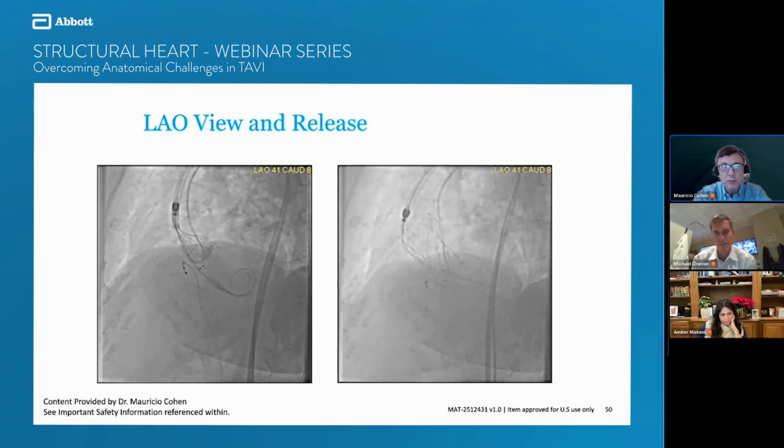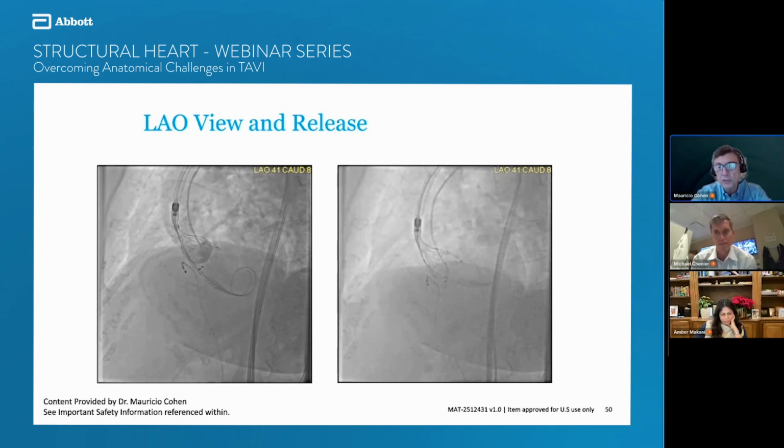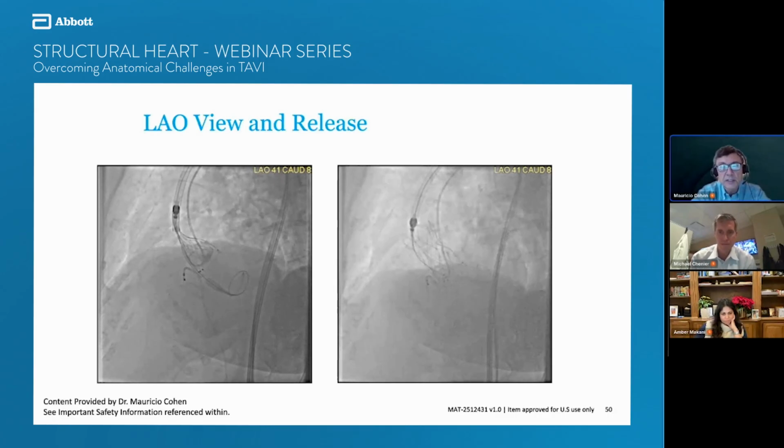Sometimes it jumps forward, sometimes it jumps a little bit upwards, and then if it goes almost to a zero-level position, your possibilities of post-dilating that valve are almost non-existent, because the minute you expand that, the valve's going to pop out. But in this case, the valve usually stays in the same position when you release.